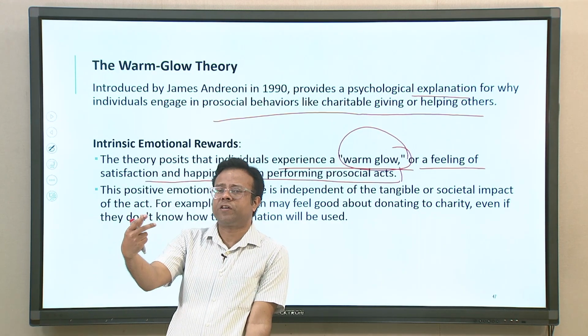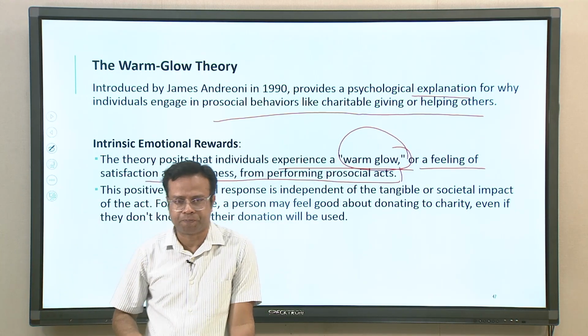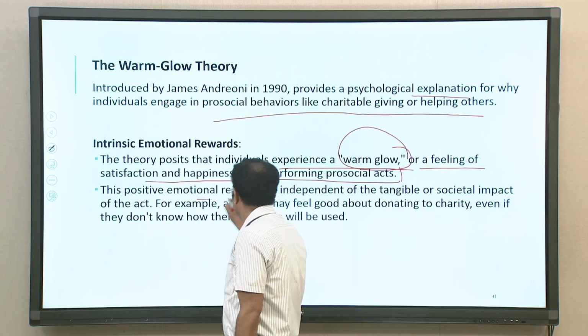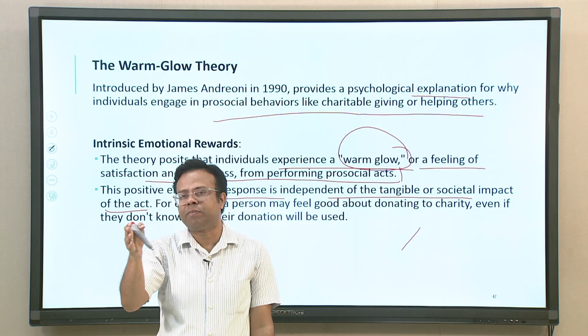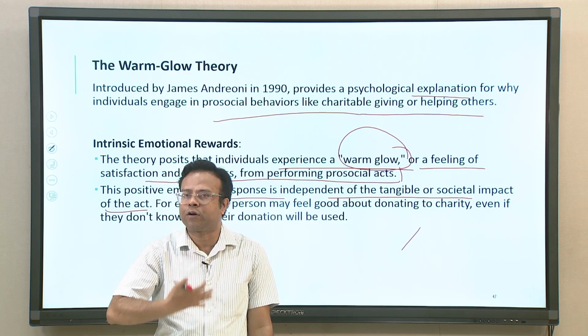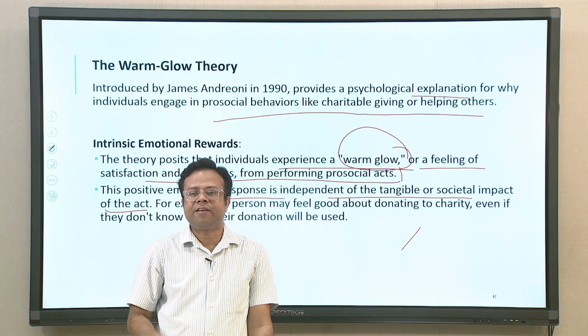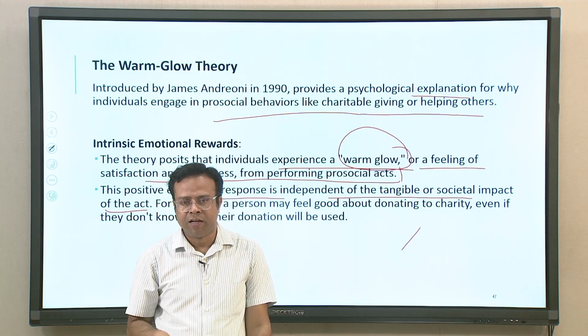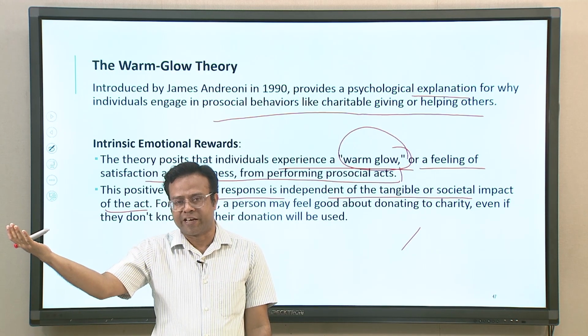This warm glow is the reason why people engage in prosocial behavior and why it leads to positive benefits. This positive emotional response is independent of the tangible or social impact of the act. A simple act of kindness itself leads to this warm glow experience, independent of whatever consequence the action has.